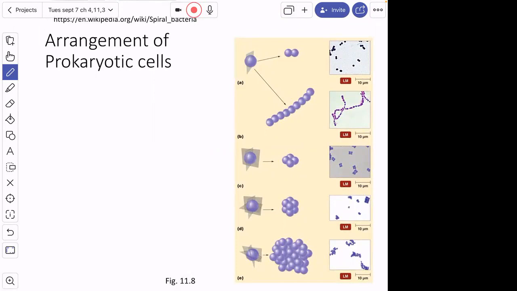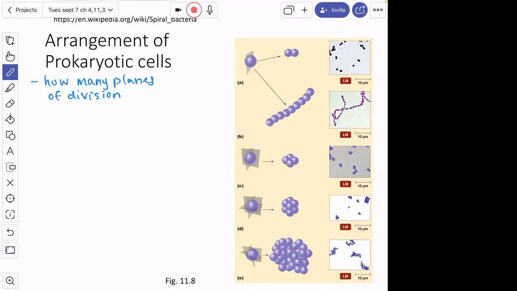Another way that we can categorize organisms is the arrangement of the cells themselves. The arrangement is going to be based on how many planes of division, in other words, does it only divide in one plane?